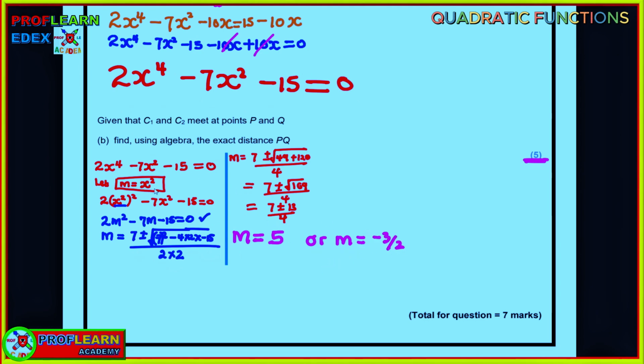But if you look at the equation where we said let m be equal to x squared, and we are getting m to be negative, there is no way you can square a number and get a negative answer. So this cannot be taken as a solution. So our m is going to be 5.